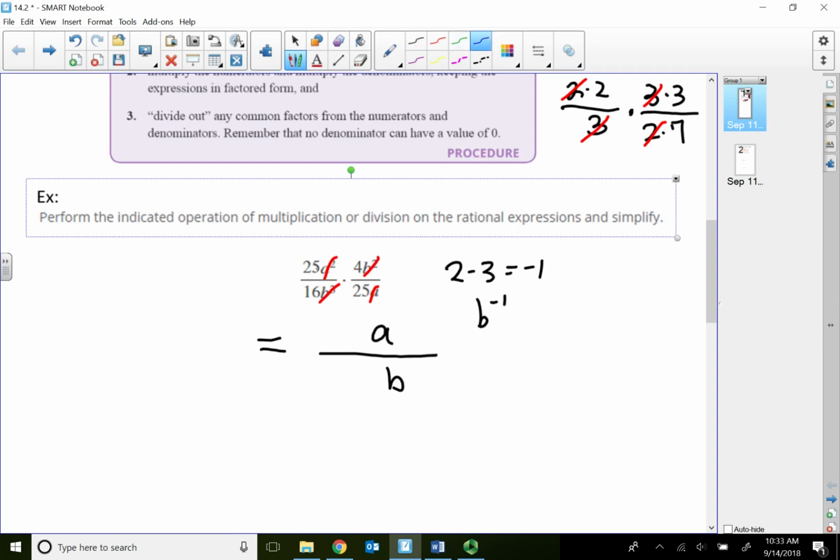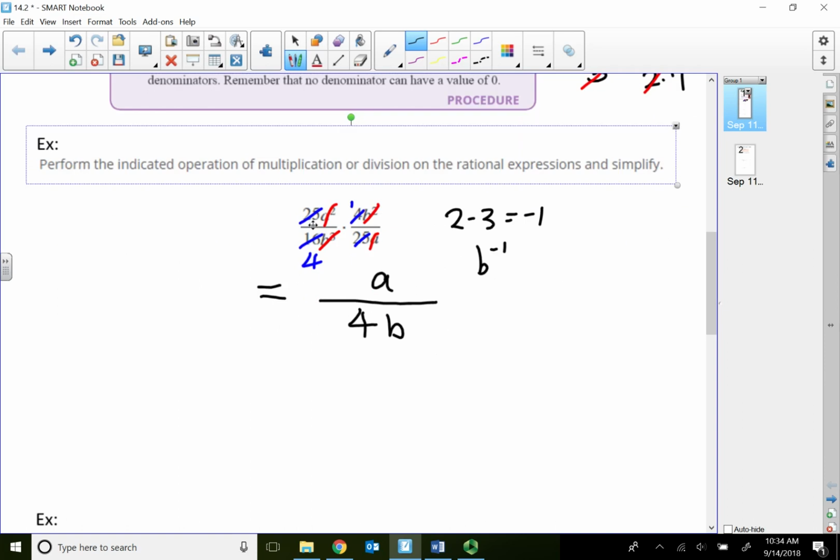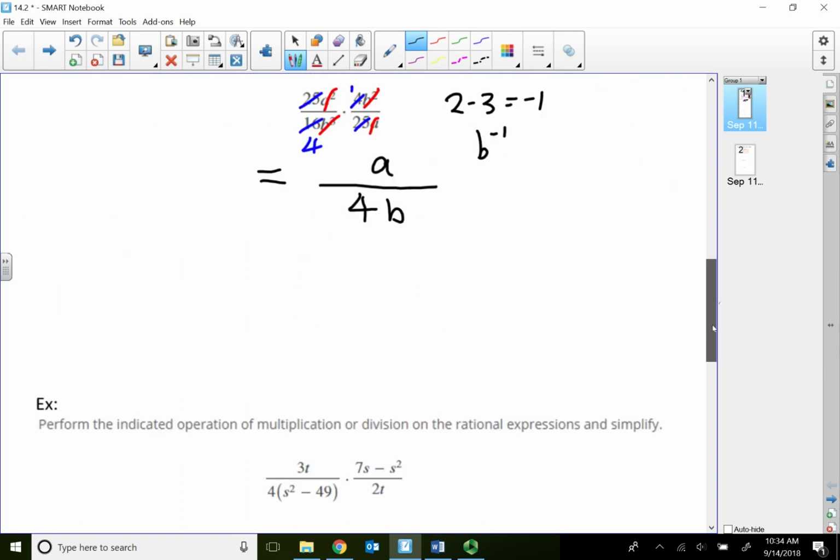I also see the 25 on top and the 25 in the bottom can be reduced, so that gives me 1 and 1. 4 on top, 16 in the bottom, reduced into 1 and 4. So the only coefficient I have in the bottom is 4. So my answer is a over 4b. In this problem I don't have to factor because all my numerators and denominators are already one term.